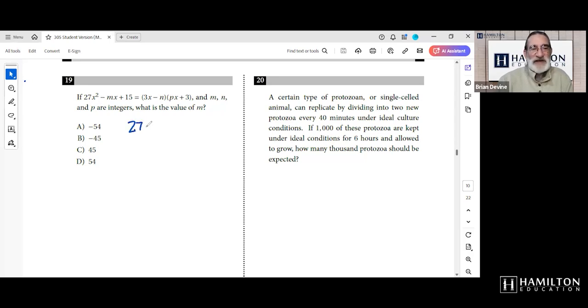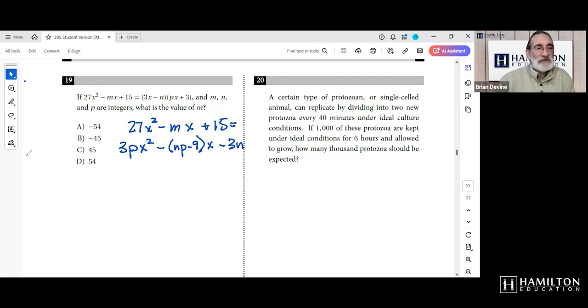We've got that 27x squared minus m times x plus 15 has to be equal to, I'm going to multiply out the right side, 3p times x squared minus np minus 9 times x minus 3n.